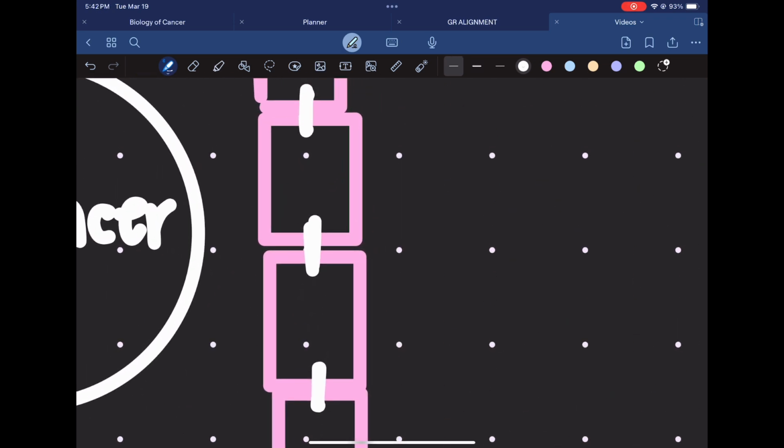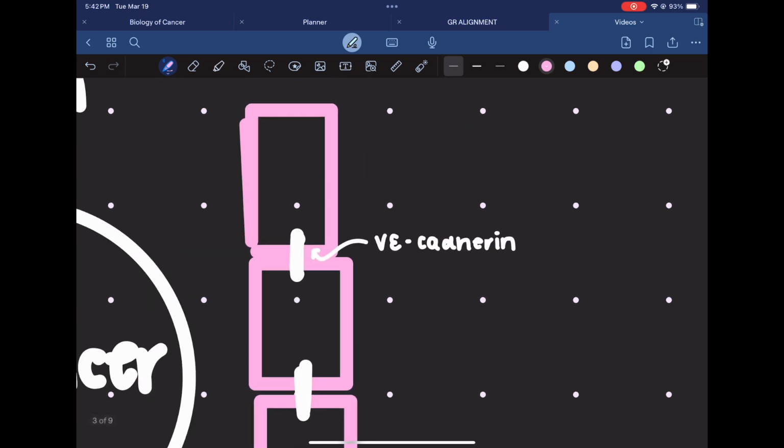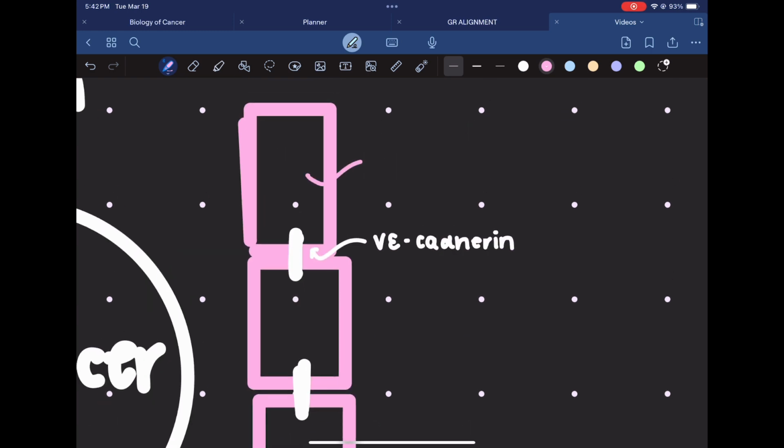And VE cadherin, which I labeled in white here, VE cadherin, it's not the same as E cadherin that we talked about above. This is totally specific to the endothelial cells. Let me label these. These are my endothelial cells.